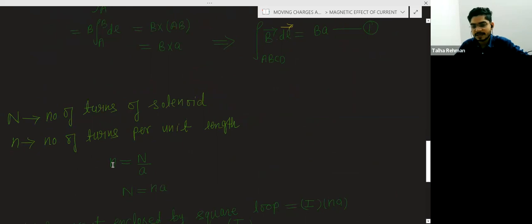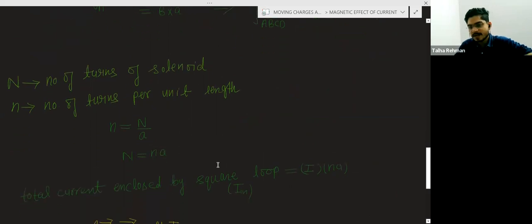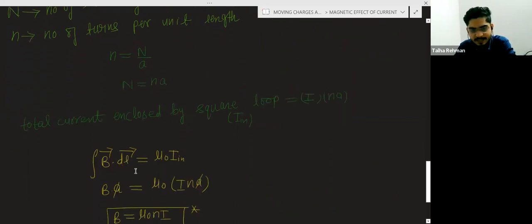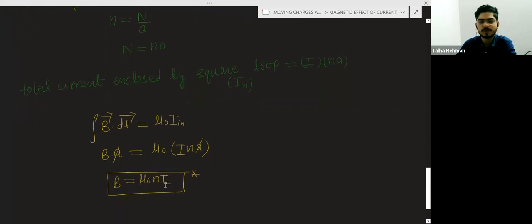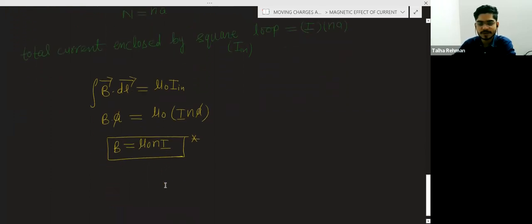From here you can calculate the number of turns for the square loop is nA, and the current enclosed by each turn is I. So the current enclosed by nA turns will be InA. Then you will apply Ampere's law and you will get this formula. When you practice this derivation one or two times, you will get all the things clearly.